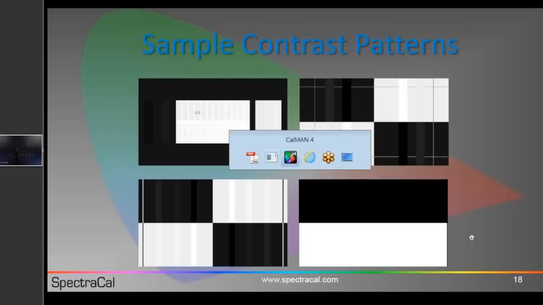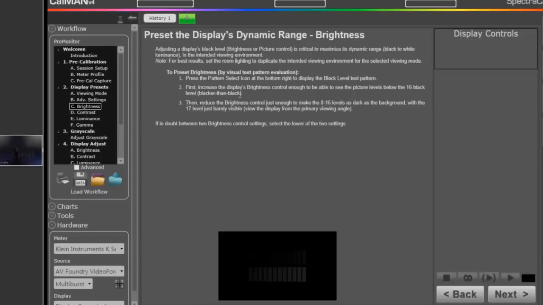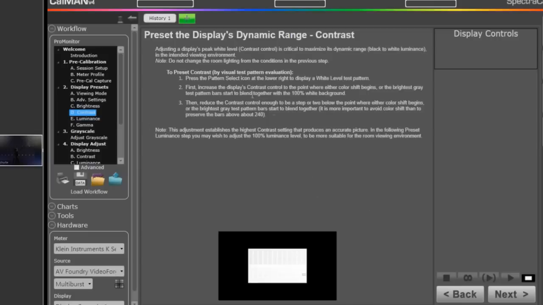And so let me switch over to the CalMAN software again. We go to the contrast step where it gives us that information, those instructions in this particular step. We'll select the test pattern select button, and now with my webcam that overexposes me greatly, so I'll set that back down and set that so that you can see the different levels in that brightness test pattern.